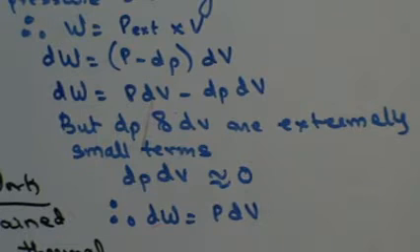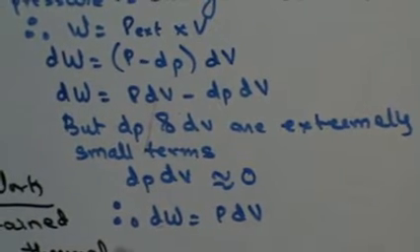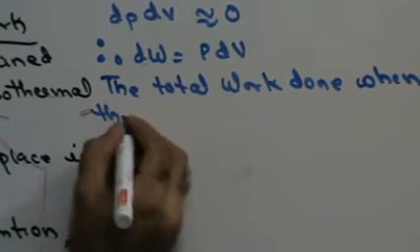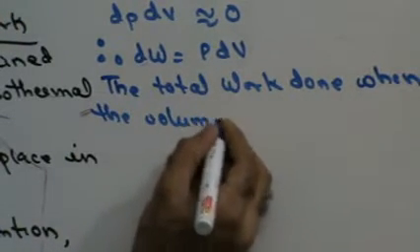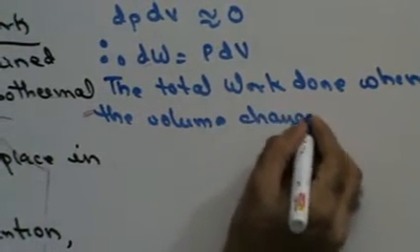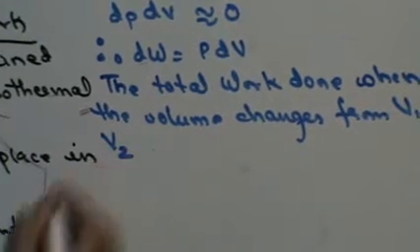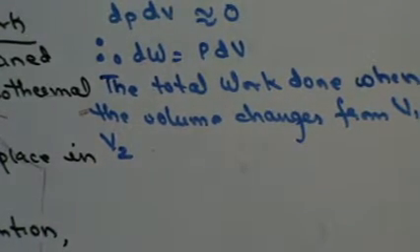Now, if this is the work done in moving the piston by a small volume dV, what will be the total work done? Let's assume that the volume changes from V1 to V2.